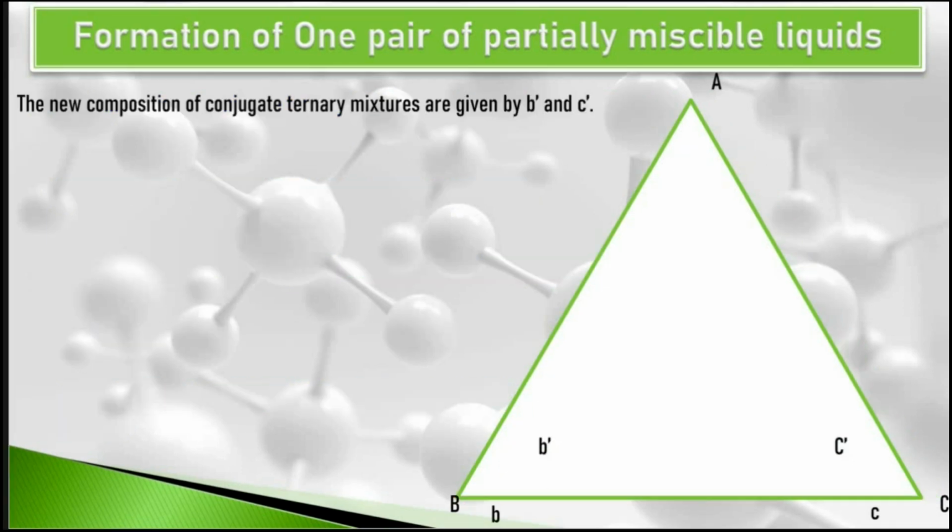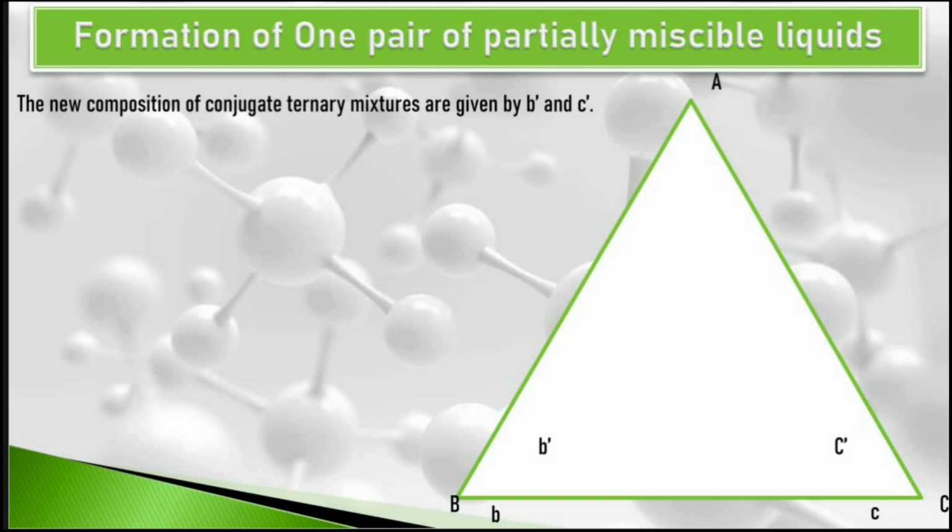So, dear students, by this time you must have got an idea that when two partially immiscible liquids B and C were mixed in such a way that one was taken in excess and other was taken in very small quantities, we got two conjugate solutions.